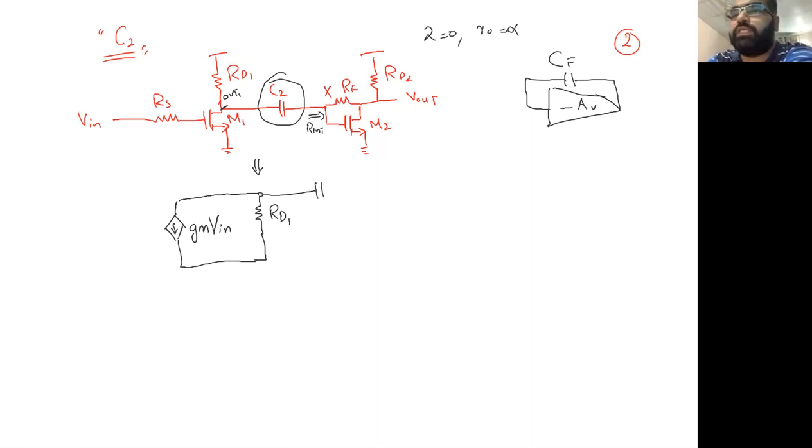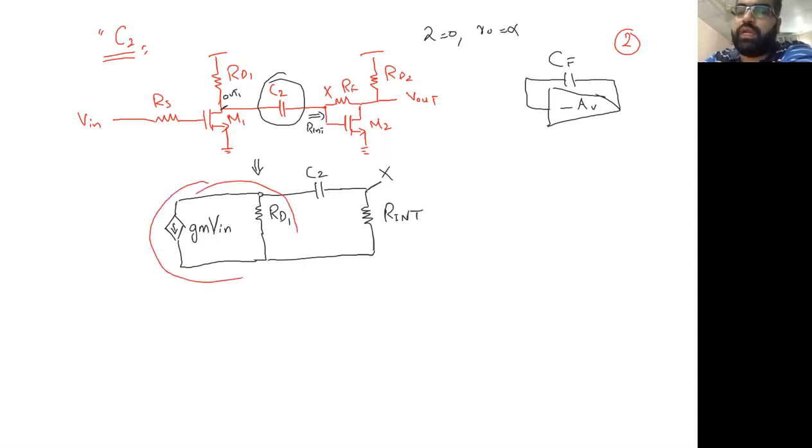Then we have a capacitance C2, and then a resistance equal to R int. And this node is X. What we are interested in is a Thevenin sort of equivalent, V Thevenin and RD1, because I'm interested in finding the capacitance, the pole information. Whatever name I give, I'm interested in this thing.